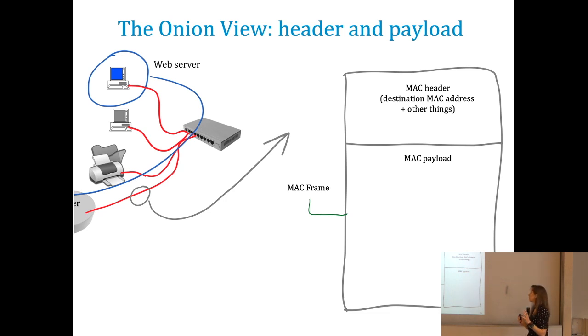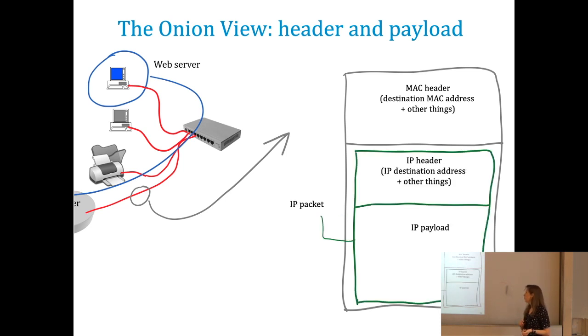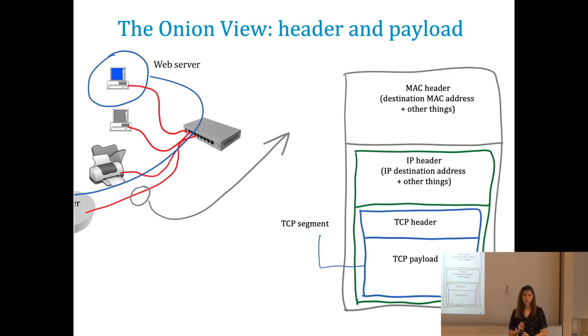So we saw the general thing that is transmitted is a MAC frame. In the MAC frame, we have the MAC header with a lot of information, including the destination and source MAC address, and a MAC payload. This MAC payload is the IP packet, which also has a header with the address and all the important metadata, and an IP payload, which corresponds to the TCP segment, which has a header and a TCP payload.